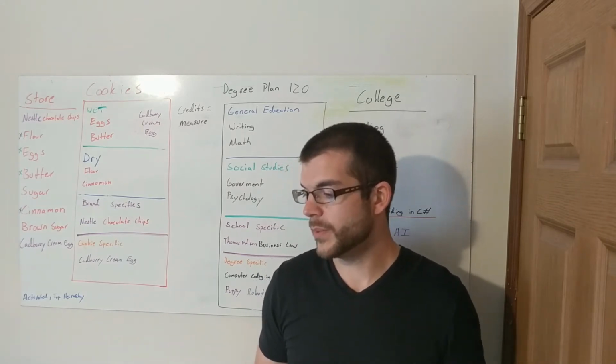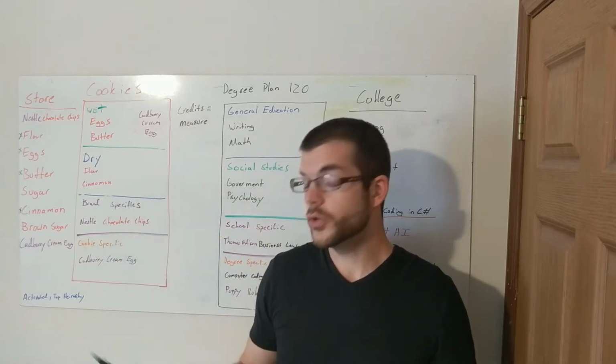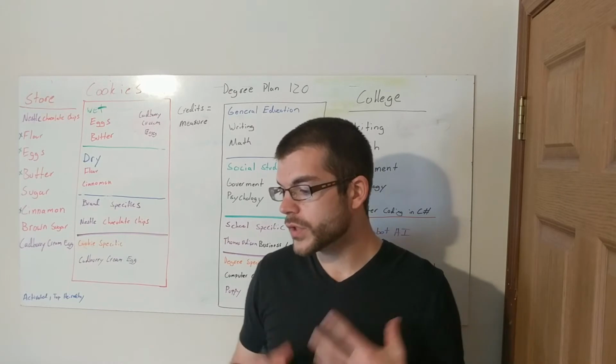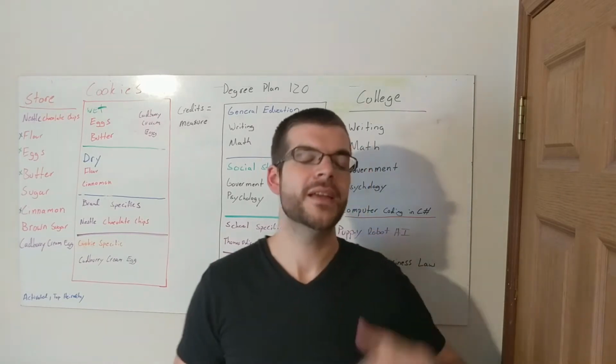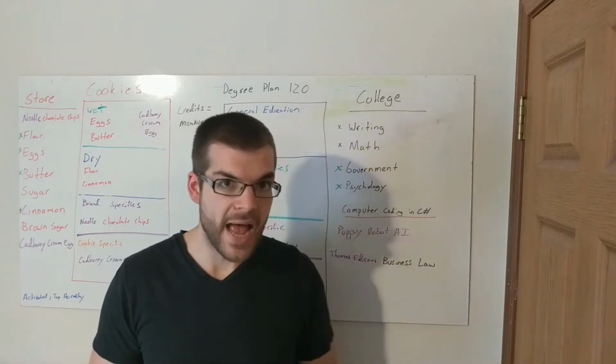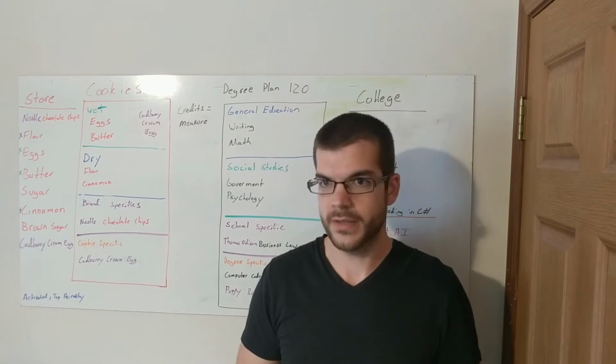Because in the cookie recipe, all chip makers agree that even if you don't use their chips, you need chocolate chips. And all the schools will agree that even if you don't take their math class, you still need some math as part of your degree. So that's, again, why we use the credit system.